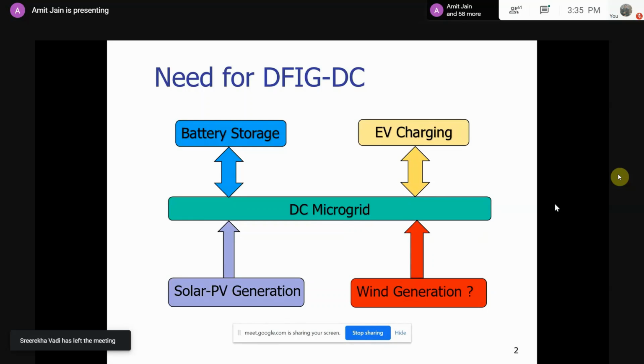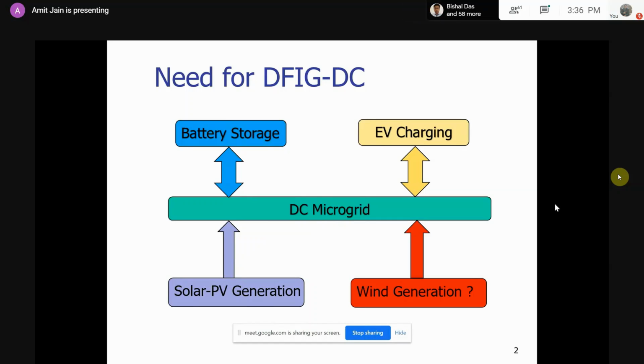EV also works on batteries, and generally there will be V2G and G2V operation for charging and even regeneration to the grid. But again, if the grid itself is DC, then this process becomes simpler. And if you charge the EV from a DC microgrid, you can adopt a DC fast charger very easily.